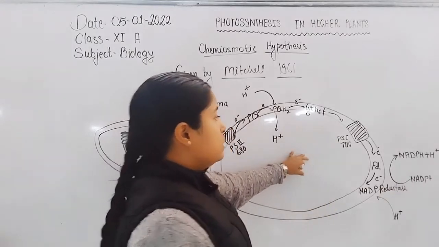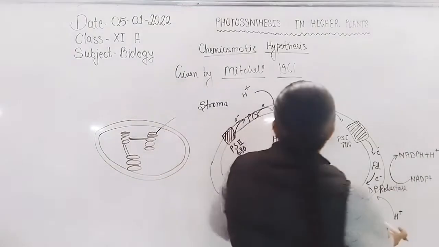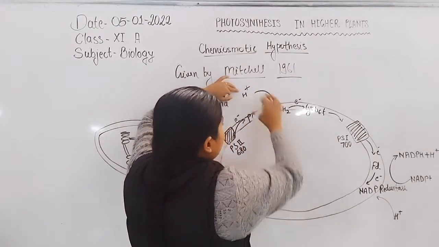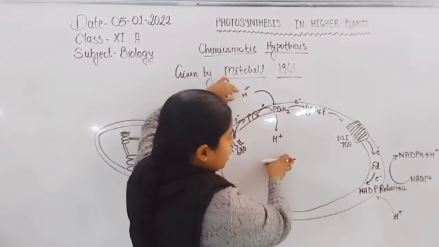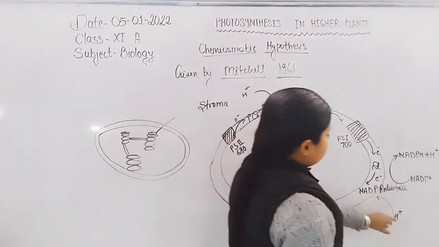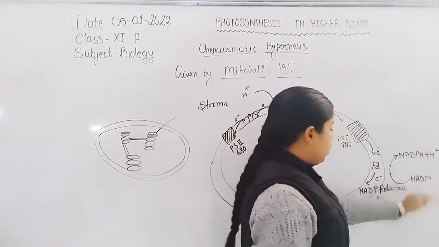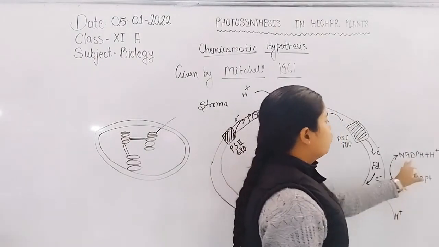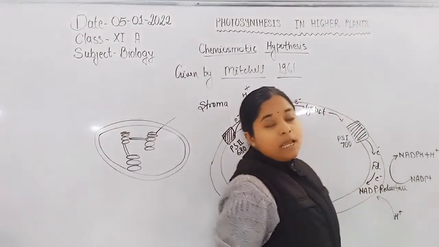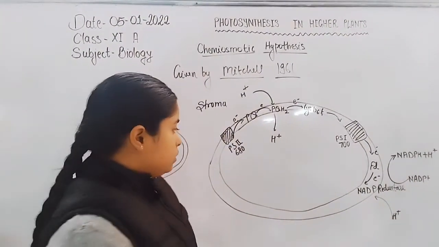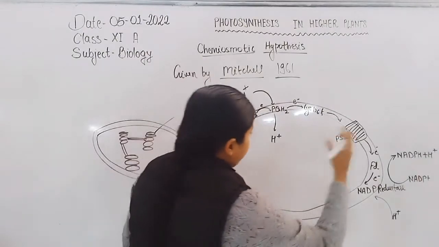Now let us discuss what happens here. From the stroma, the plastoquinone drains protons into the lumen, and NADP reductase also reduces NADP plus with protons and electrons to form NADPH plus.